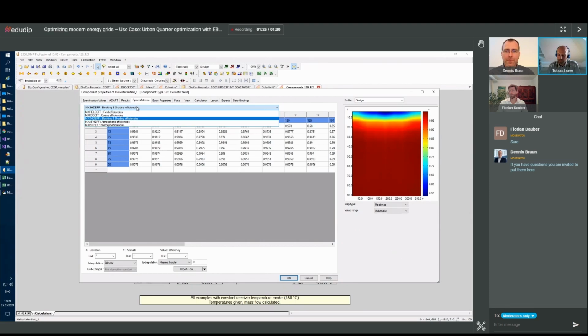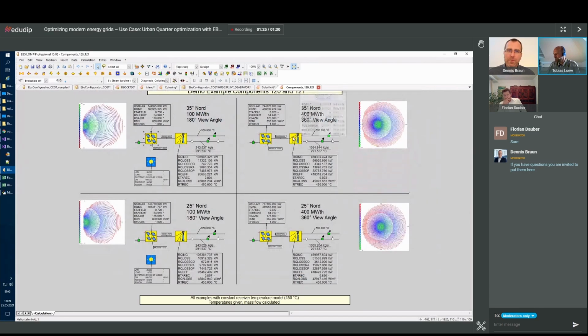So you can use that, produce your matrices and plug them into EBSILON. Those are now just the tower and the field. But on the back end here, you would again have a storage system and of course the heat transfer to the water steam cycle and so on.